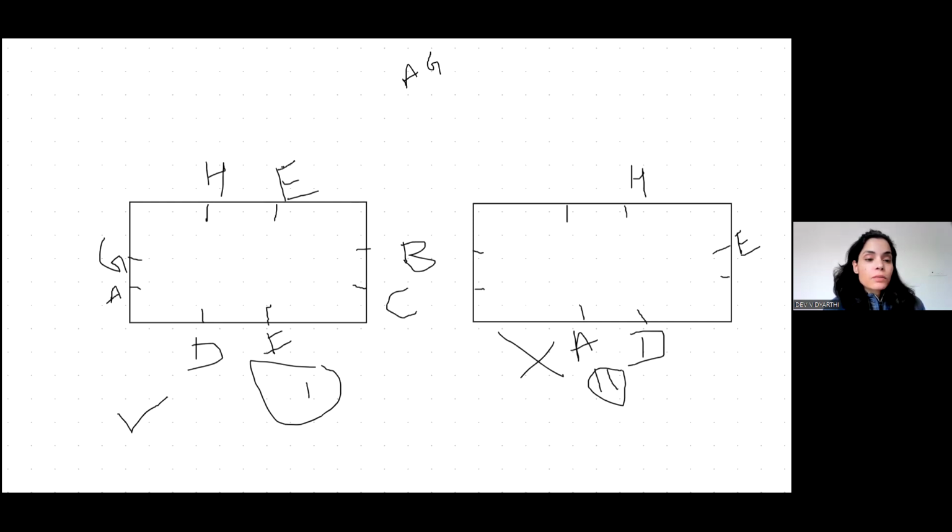So the seating arrangement is A, G, H, E, B, C, F, and D.